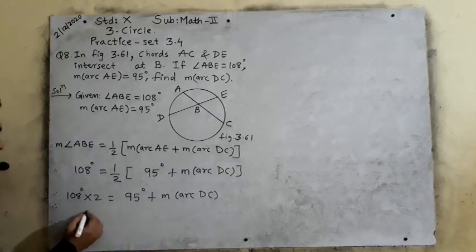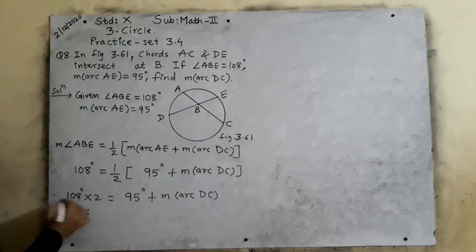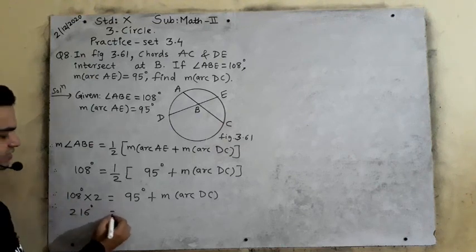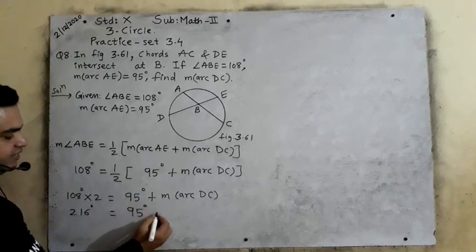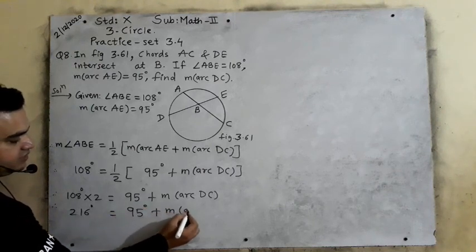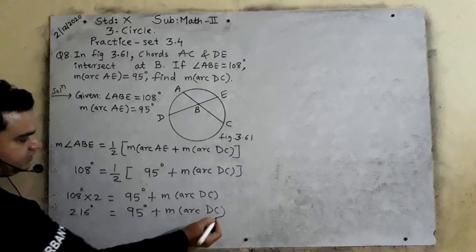What is the answer of this? 2 eights are 16, so 16, and the 0 is there. 2 ones are 2. So 216 degrees is equal to 95 degrees plus major arc DC.